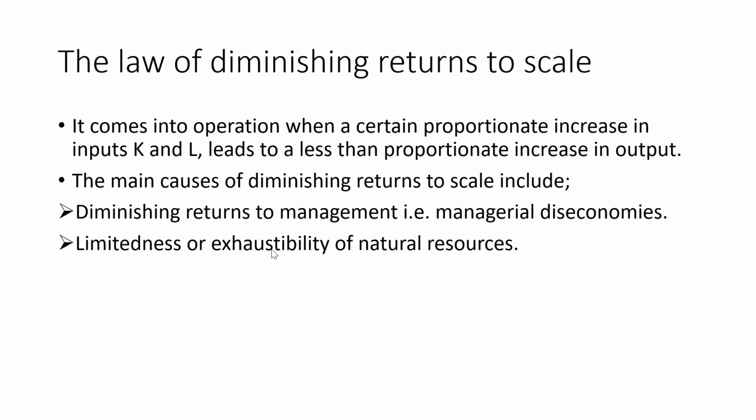And then the other is the limitedness and exhaustibility of natural resources. For example, like we talked about in agriculture, we have land, but once you double the usage of the land, it's not going to double the output. So you find that this limits the productivity, and hence we have the decreasing returns to scale.